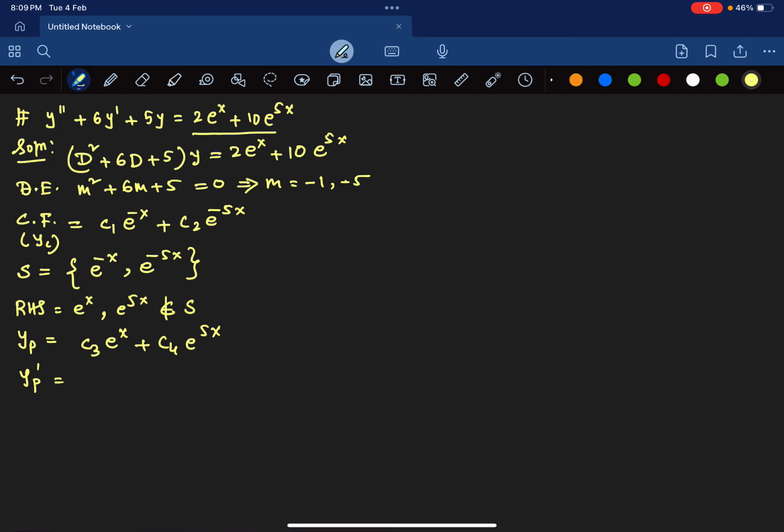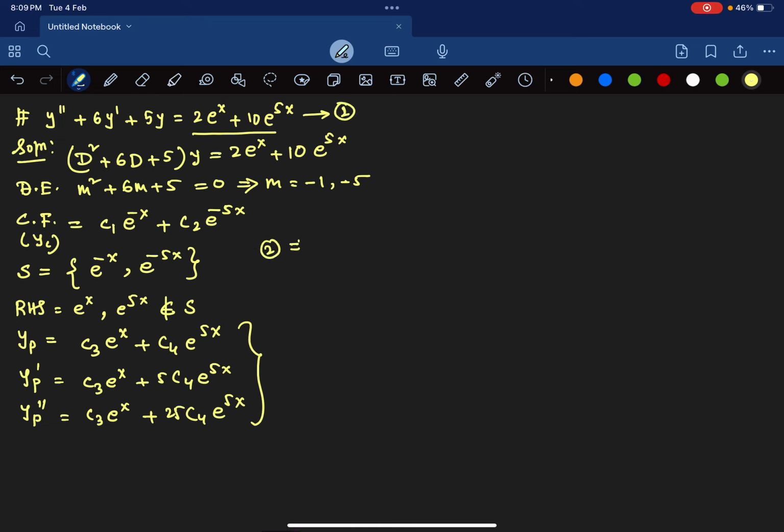Now find yp': c3 e^x + 5c4 e^(5x). Yp'' you can find: c3 e^x + 25c4 e^(5x). Now substitute all these things here in this equation. Suppose this is equation number 2.